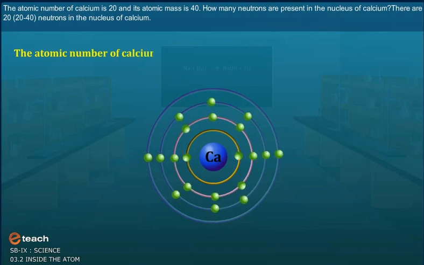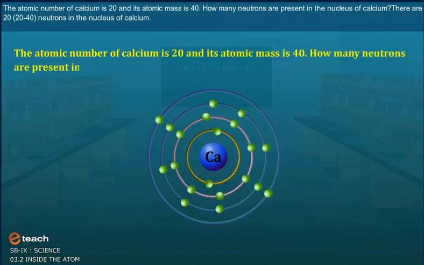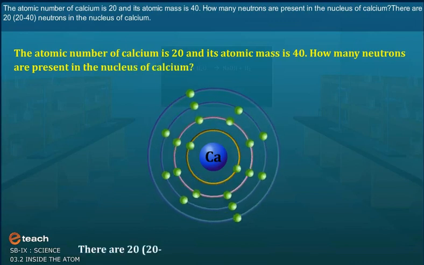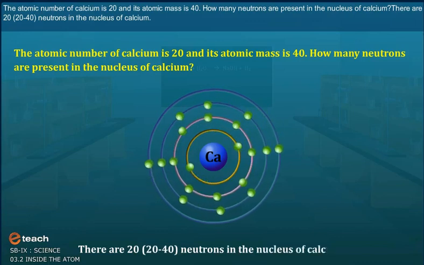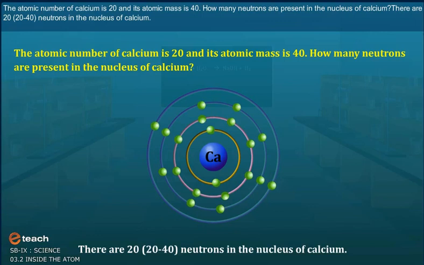The atomic number of calcium is 20 and its atomic mass is 40. So how many neutrons are present in the nucleus of calcium? There are 20 neutrons, that is 40 minus 20, in the nucleus of calcium.